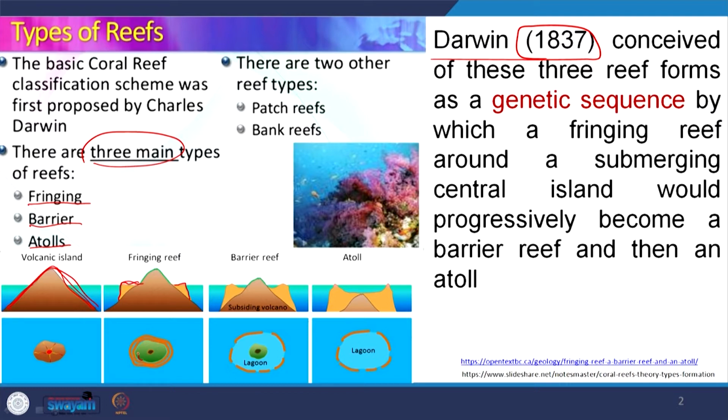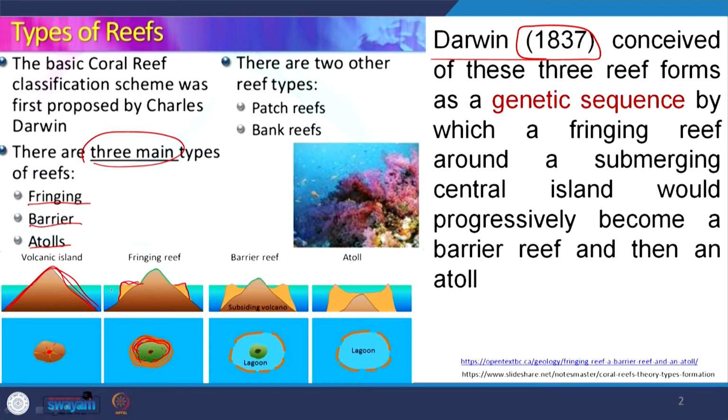If you see here, this green one is the volcanic island, and these corals are growing here, that means all around the periphery of the island. This is a shallow water phenomenon, because coral reefs need a photic zone for growth.